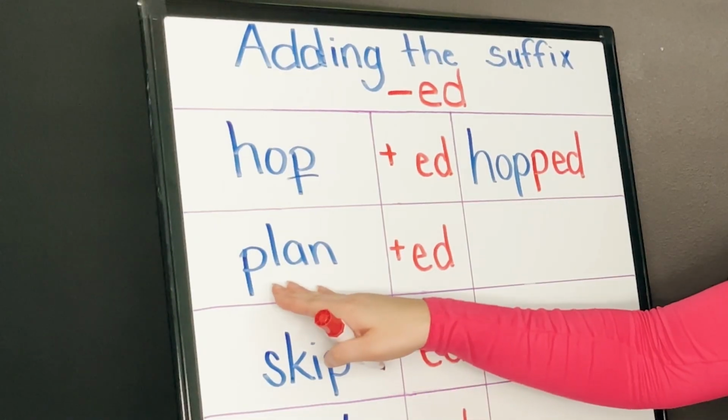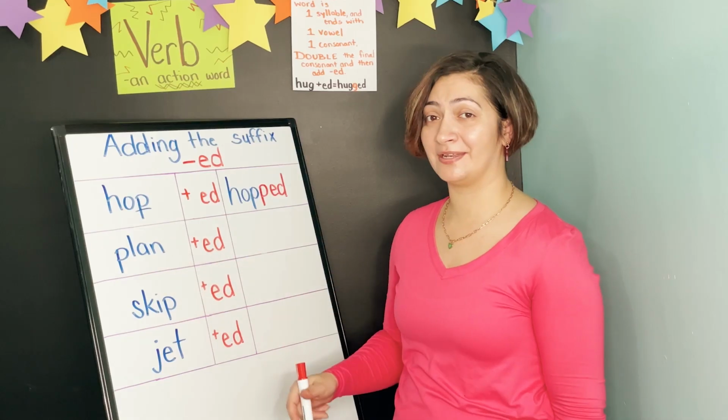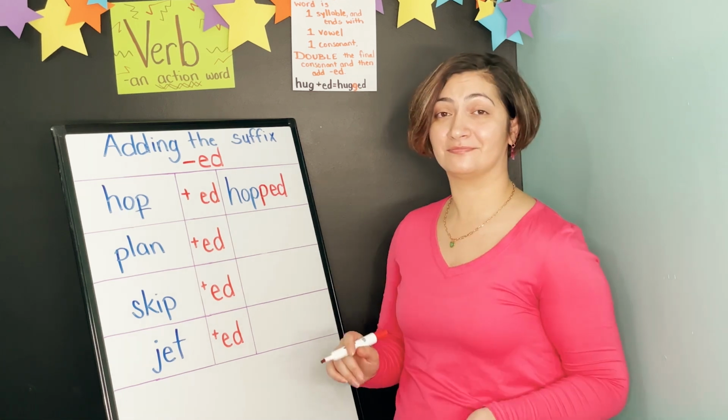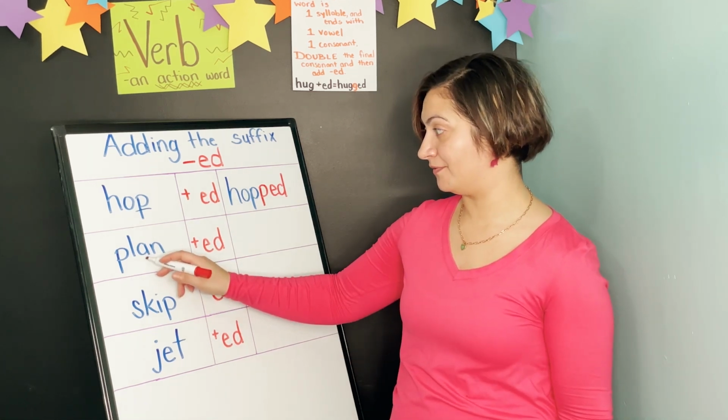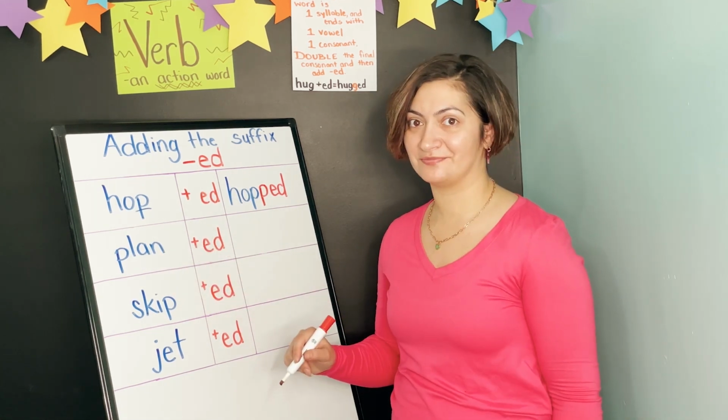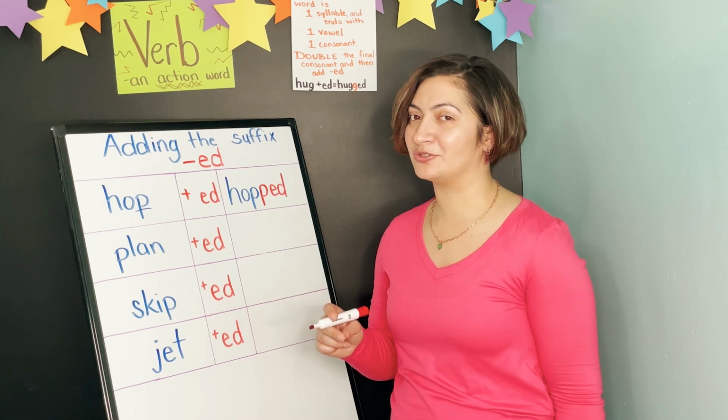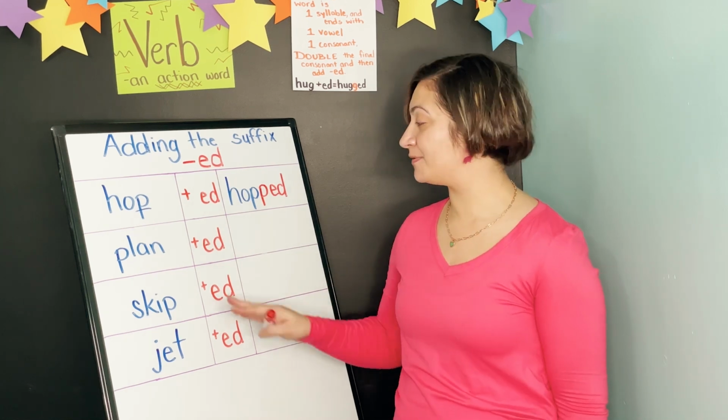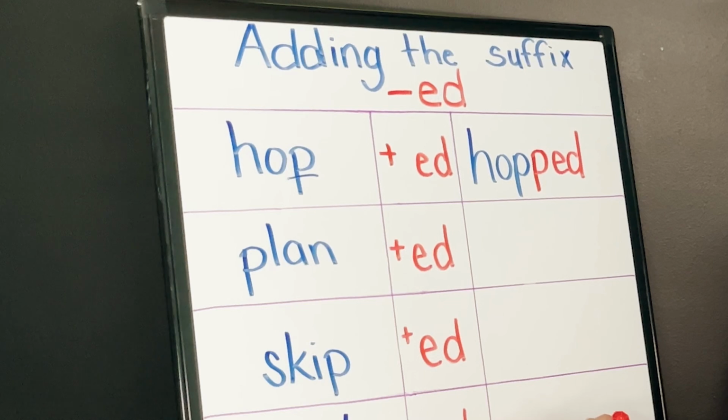All right, let's do another one. Our next word is plan. Okay, plan is one syllable. Plan. It ends with one vowel, one consonant. We want to keep that vowel short. So what are we going to do before we can add ed? We will double that final consonant. Nice job. I have to plan the birthday party. But if you already did it, you would say, I planned the birthday party.